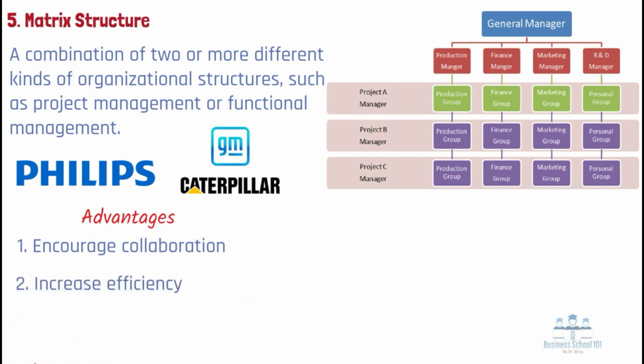The matrix structure combines the project management structure with the functional management structure to increase efficiency, adapt to changing markets, and respond more quickly to market demand. 3. Develop new skill sets. Working outside of a traditional or hierarchical structure can benefit employees by helping them develop new skill sets and gain valuable experience from working with different departments.